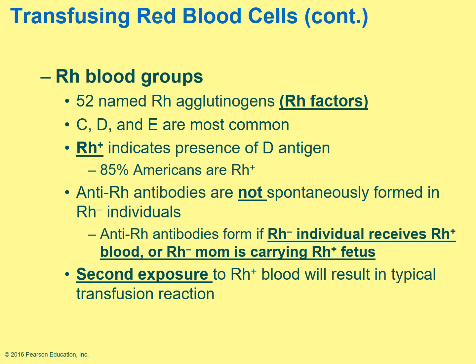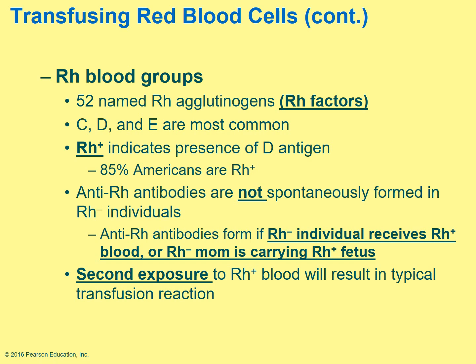So sometimes you might see it listed as D. 85% of Americans, and actually 85% of individuals globally, are Rh positive, meaning that they do have this D antigen. Anti-Rh antibodies are not automatically made. They will only be made if an Rh negative person is exposed to Rh positive blood. That's the only time.